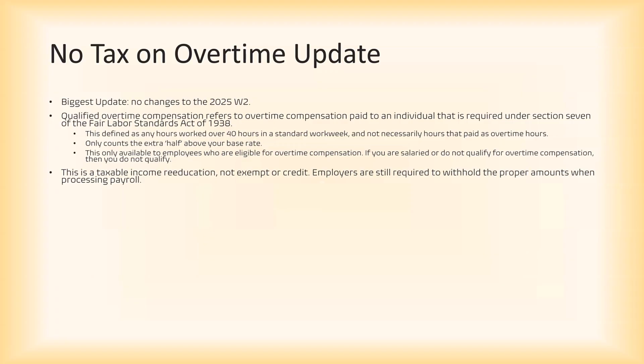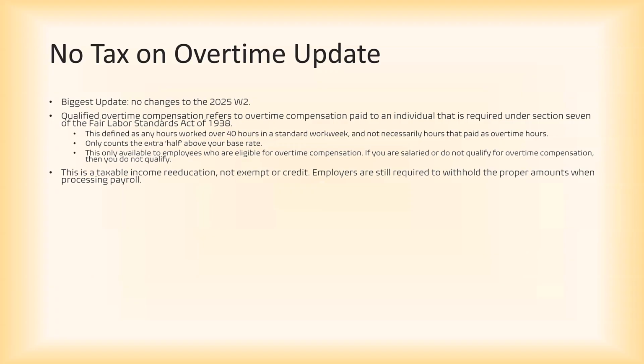Employers are still required to withhold the proper amounts when processing payroll. So this deduction started, even though the bill got passed in July of 2025, it is retroactive to January 1st of 2025. And next year, again, when processing payroll, the regular amount's got to get withheld.